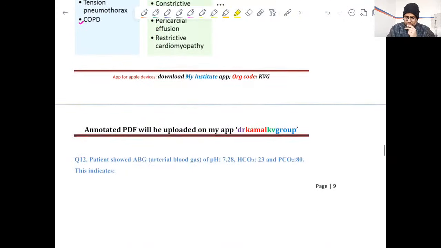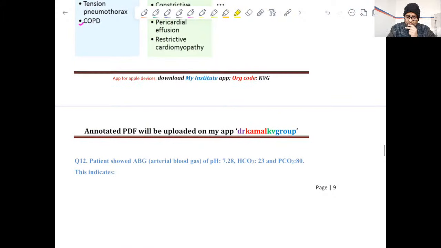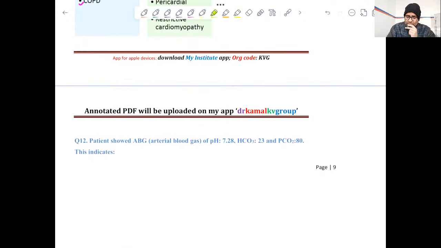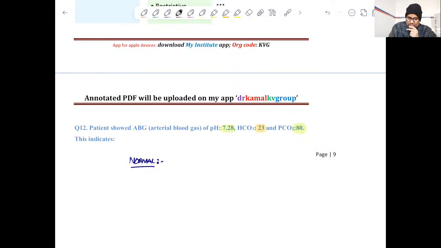Then moving forward, a patient is having a pH of 7.28, bicarbonate of 23, and PCO2 of 80. Now just to solve these kinds of ABG questions, you need to know the normal values. So pH is 7.35 to 7.45.